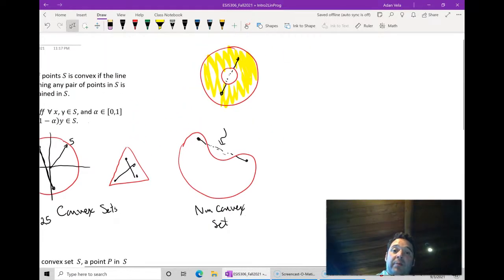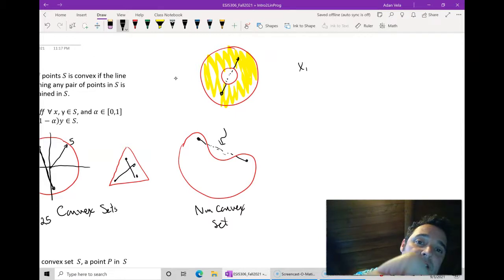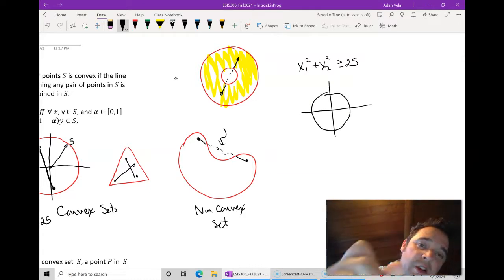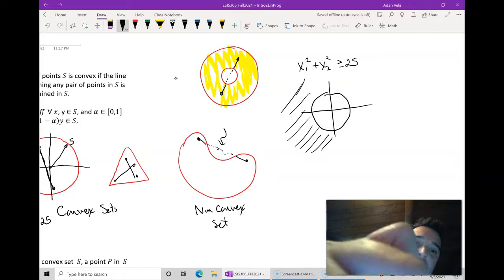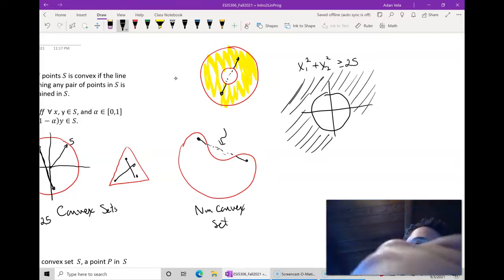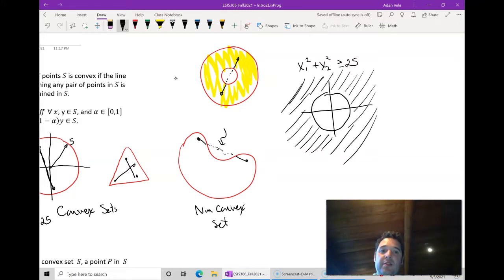Now, what wouldn't be a convex set is if I said x1 squared plus x2 squared is greater than or equal to 25. So in this case, we draw our axes and then we draw our circle. What we'd be talking about is anything outside of the circle. That would be the corresponding feasible space. And of course, I could select 2 points.